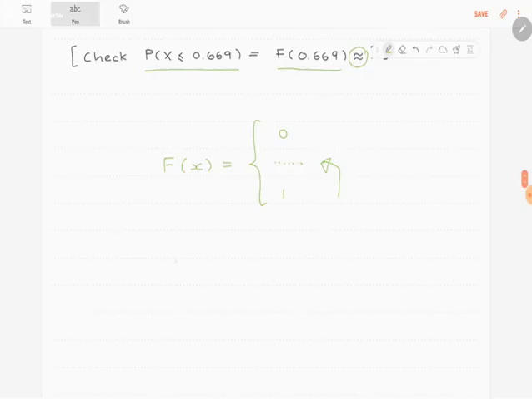Similarly, if you have a PDF with only one equation and it's 0 elsewhere, then obviously your percentiles are in this region. I decided to do the more complicated case so that you're equipped to do the simple ones. The procedure is the same. Like I said before, try not to memorize formulas. Understand what you're doing and what you are looking for, and you'll be fine no matter what equation you get.